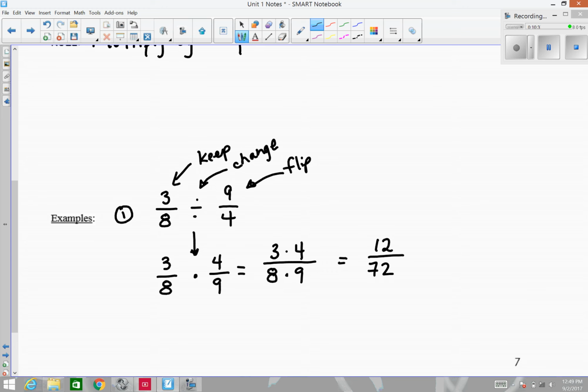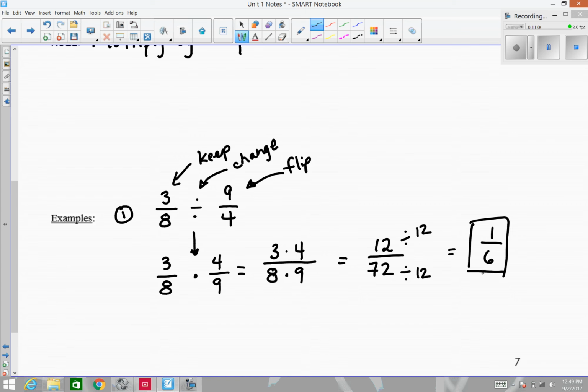Write each of the 12 and 72 as a product of primes and reduce it that way. Or think of the greatest common factor and divide each of those by the greatest common factor, which in this case is 12. If you do that, you get 1 over 6.